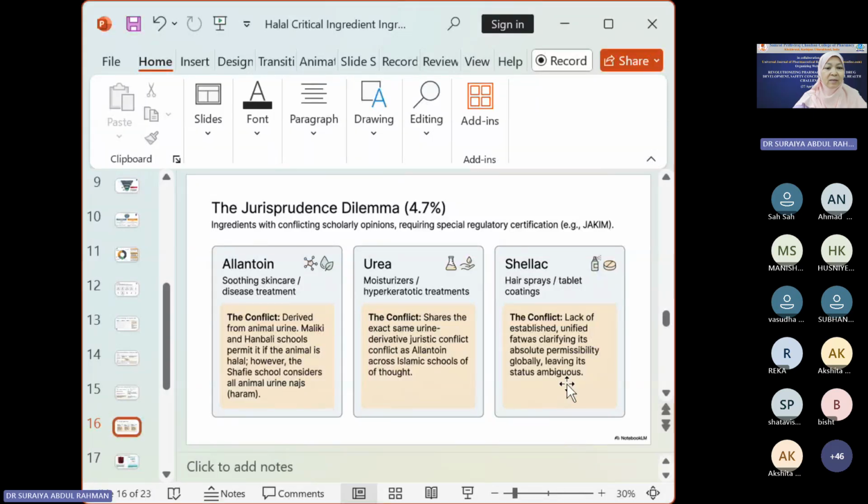Then the next category of critical ingredients is where there is no consensus among Islamic scholars. These are examples of products which fall under this category. For example, allantoin, a soothing skincare or disease treatment ingredient. The conflict is that allantoin can be sourced from animal urine.